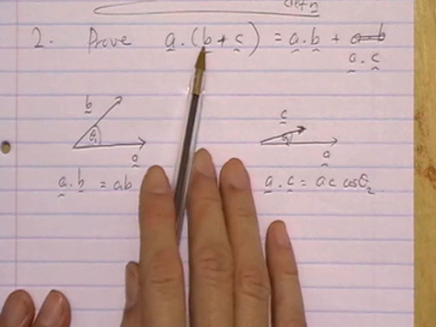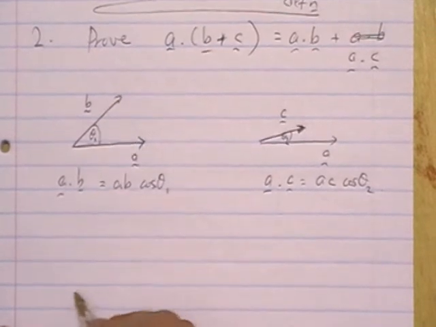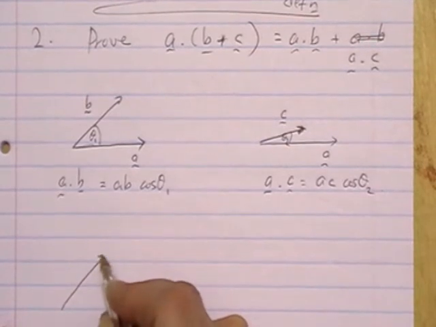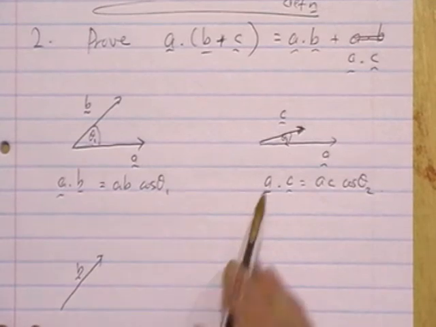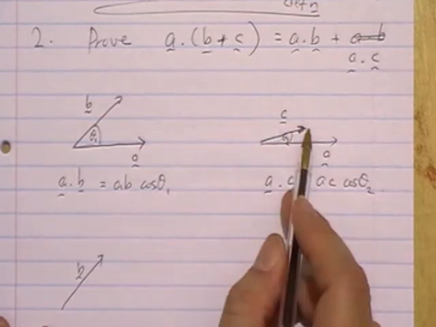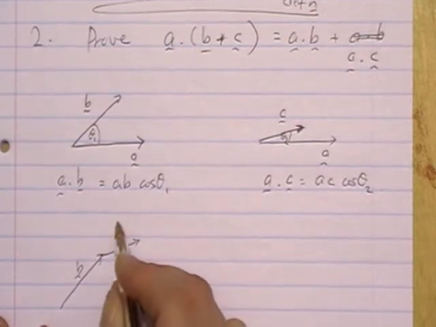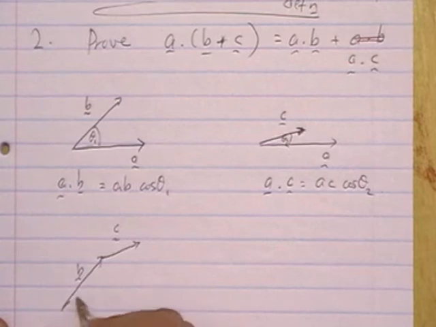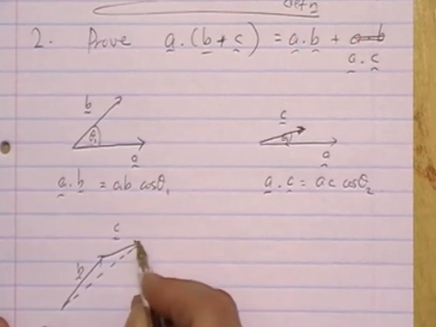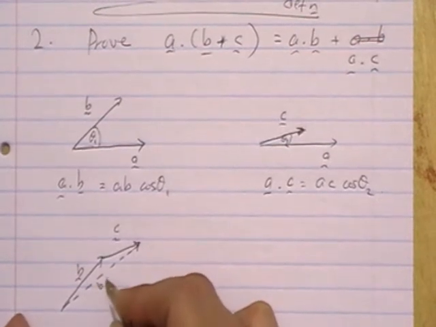If I want to draw a picture for B plus C, that's B, and that's C. If I want to add the two together, one way to do it is to put the tail of C at the tip of B and add them using the vector triangle. That's B plus C.